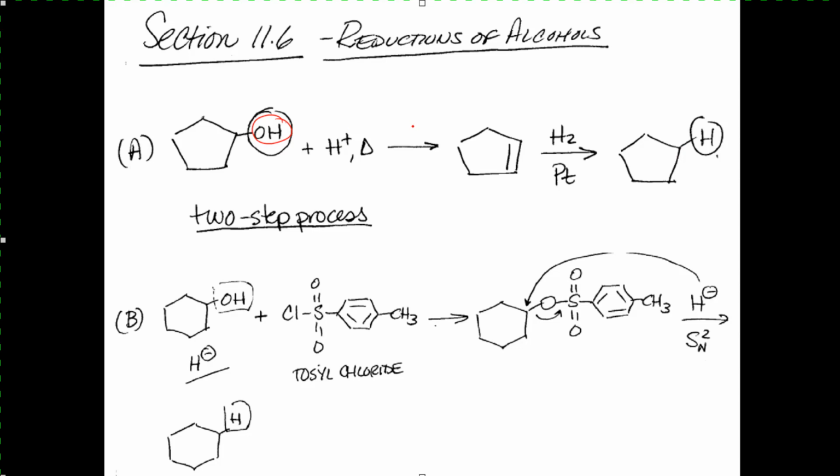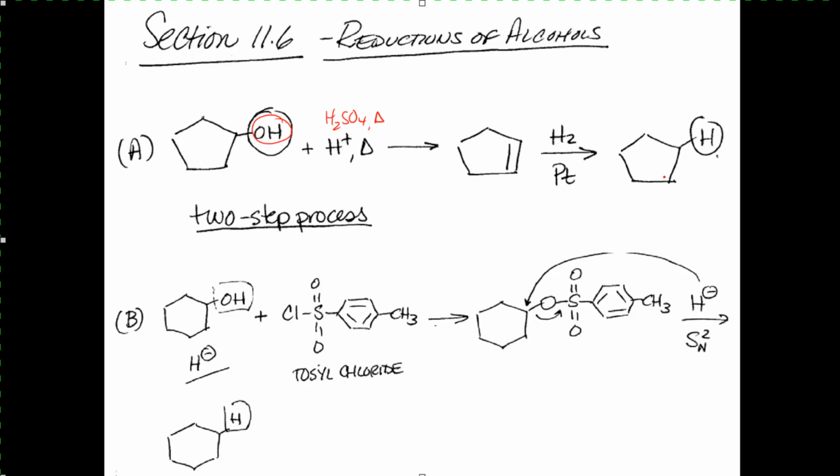One way would be to use the reactions we already know and say, well, let's go ahead and use acid and heat. Where did that acid come from? It came from sulfuric acid, so let's do dehydration. With sulfuric acid and heat, turn this into a carbon-carbon double bond, and then use our hydrogen and palladium or platinum to hydrogenate the double bond down to an alkane.